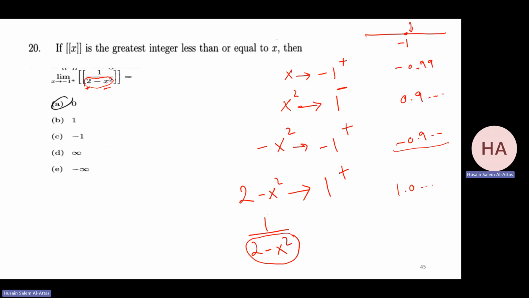So it's like 1 over 1.1, and I can do the greatest integer right away. 1 over 1.0 something will be point something. So the greatest integer of this will be 0. I hope it's clear.